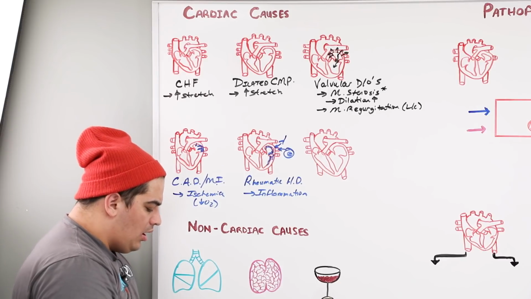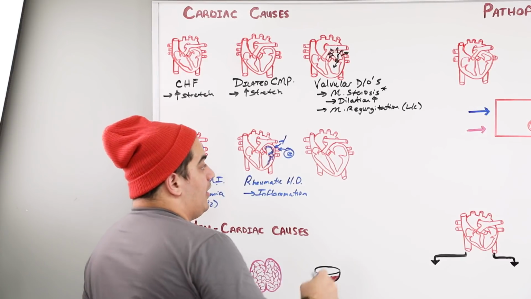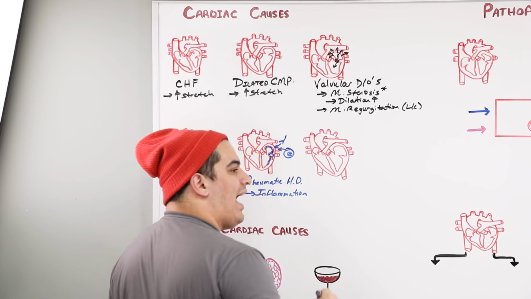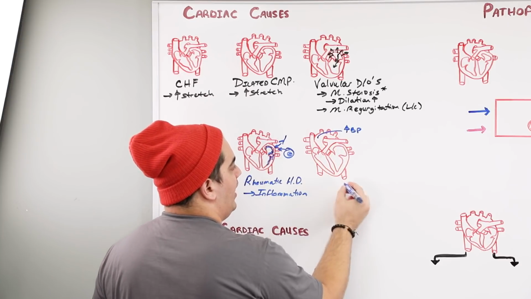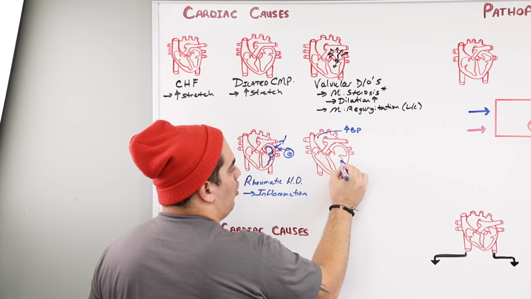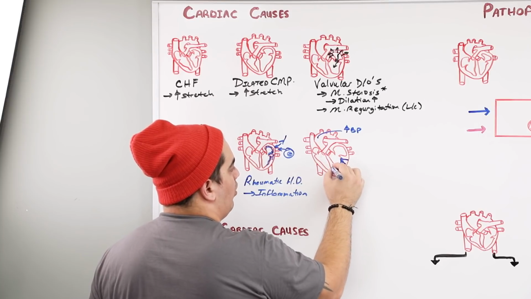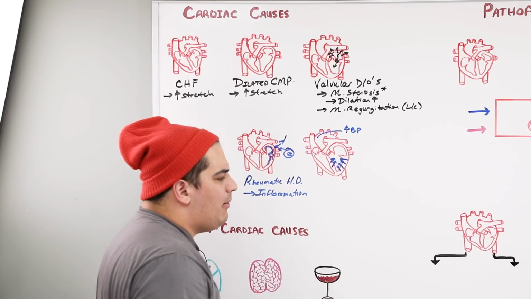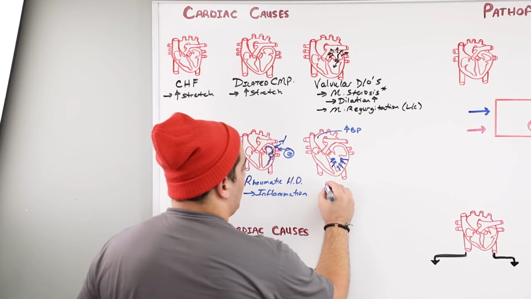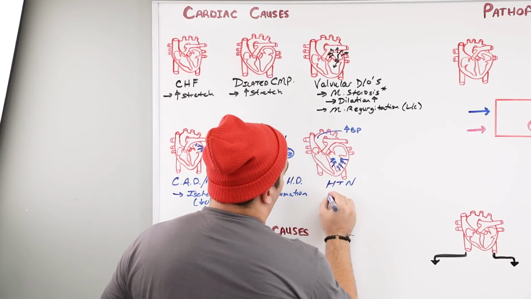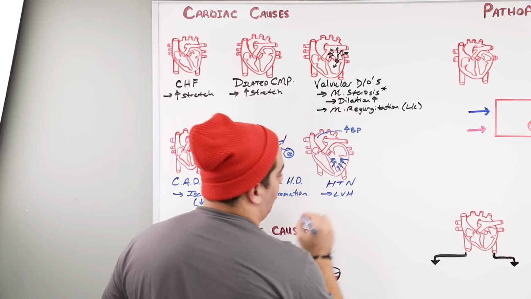What's the last one? Big one that I want you guys to remember. Sometimes if you have high blood pressure, right? So let's say here you have high blood pressure, and so your left ventricle is having to work harder. It's having to contract more and contract more and contract more. And by some unknown mechanism, maybe it's just via the hypertrophy. So you have something like hypertension. That hypertension leads to left ventricular hypertrophy.